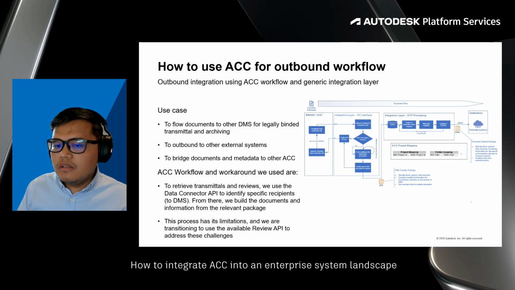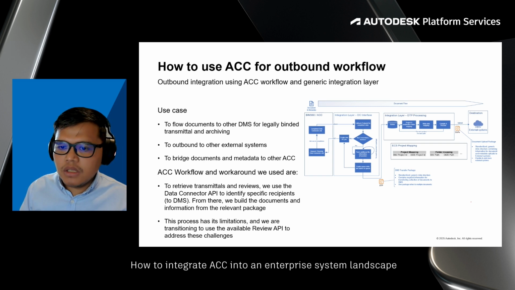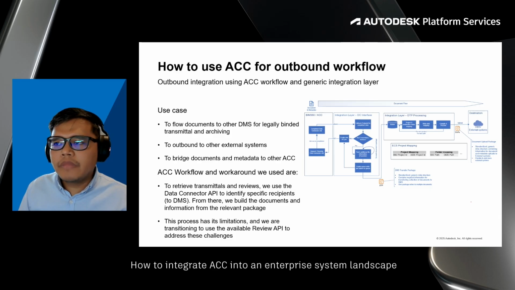Here we adapted our integration layer to use this outbound workflow. We use ACC reviews and transmittals to work around this. And we know this is not without limitations. We still need human interaction in ACC to trigger this workflow, these reviews and transmittals.